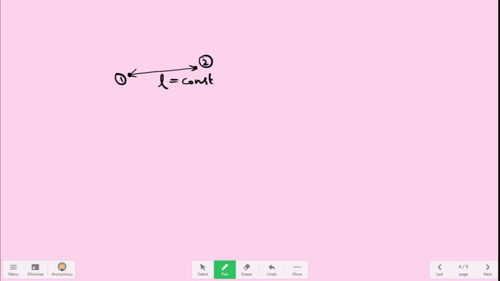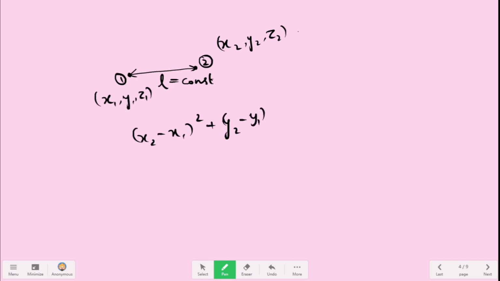Now particle 1 can be specified by x1, y1, z1. Particle 2 can be specified by x2, y2, z2. The constraint is x2 minus x1 the whole square plus y2 minus y1 the whole square plus z2 minus z1 the whole square is equal to L square.